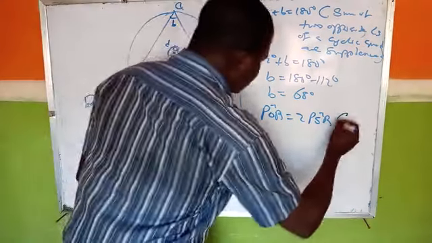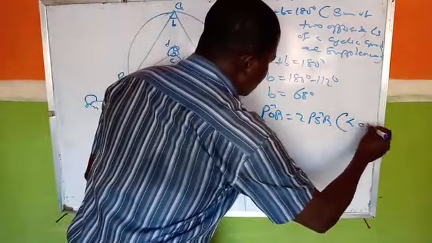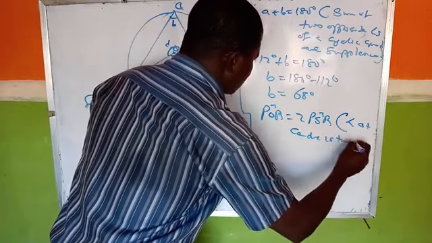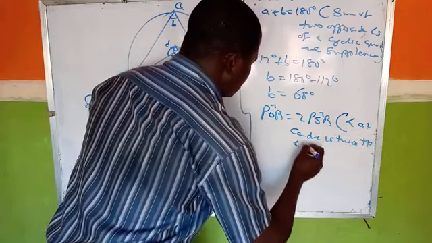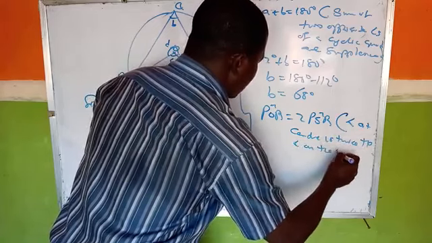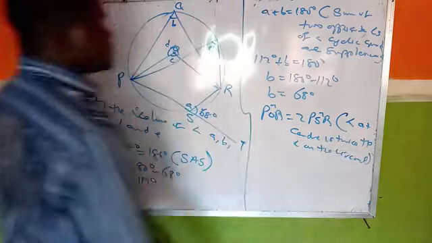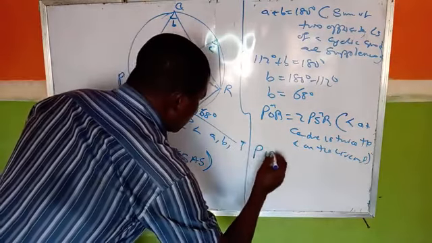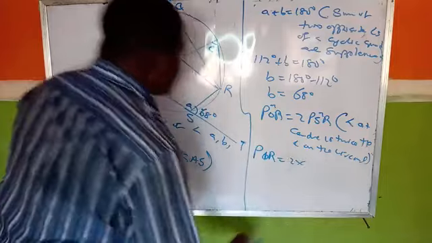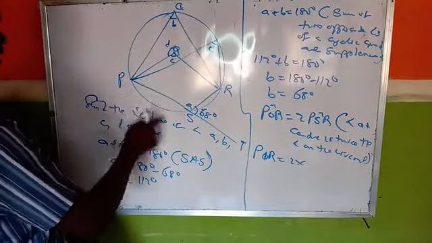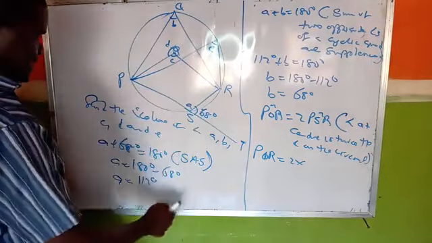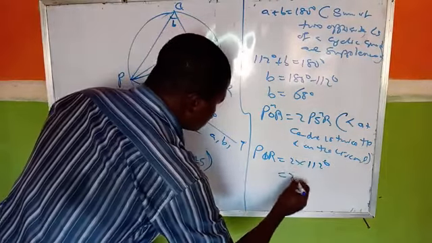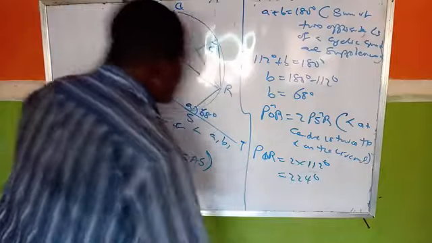So that's the angle at the center is twice the angle at the circumference. So angle POR is equal to 2 times angle PSR, which is 112. So you will have 224 degrees. That's it.